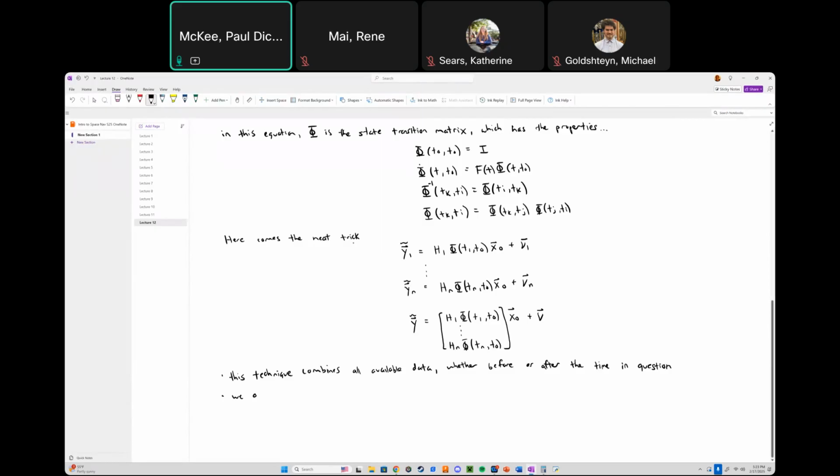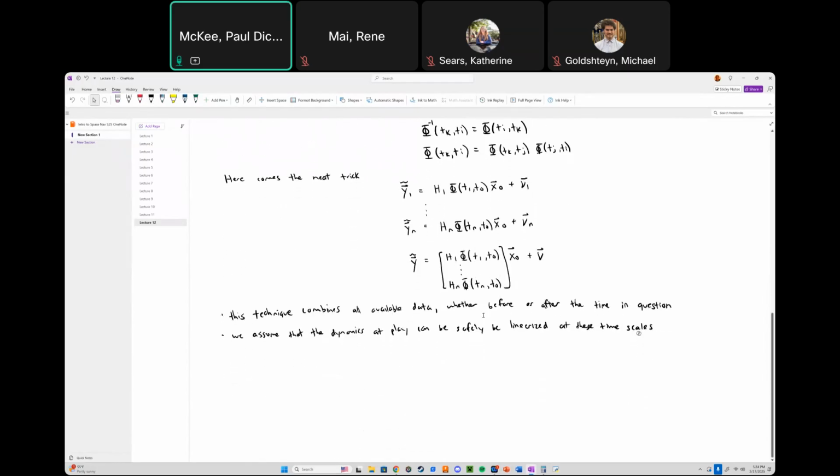So we have to assume that the dynamics at play can safely be linearized at these timescales. Right. So any questions on batch estimation? Otherwise, we have a very short discussion, and then I want to get into an example.